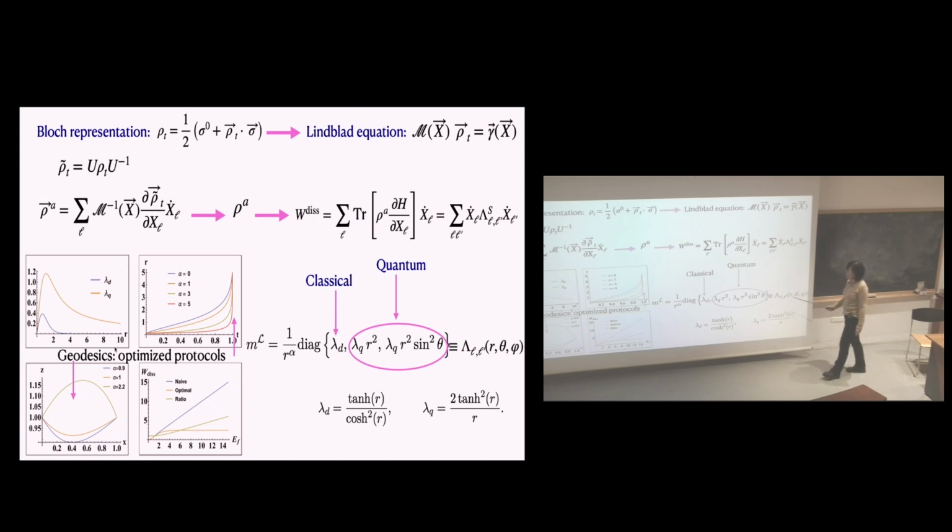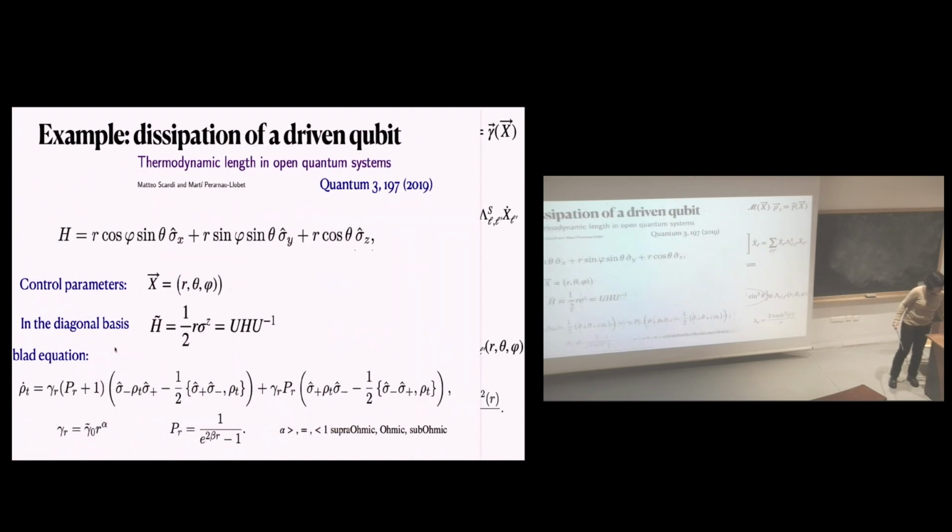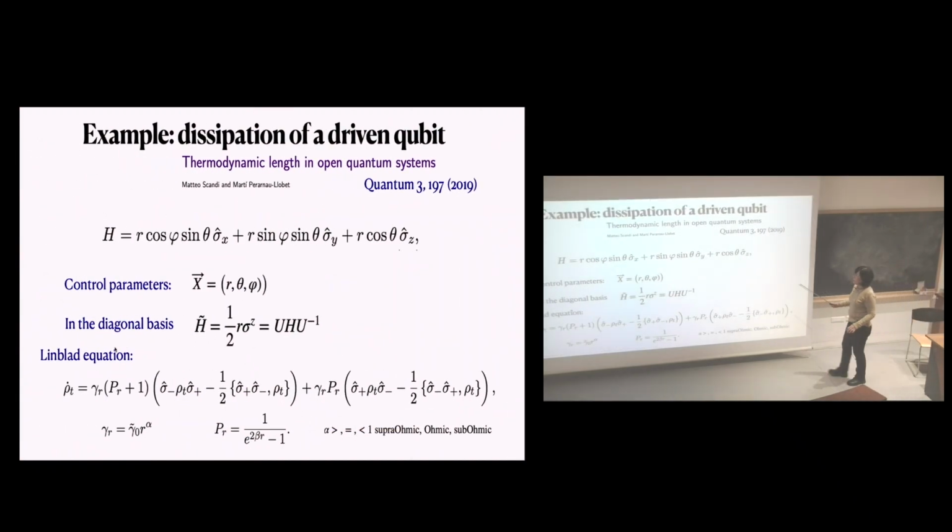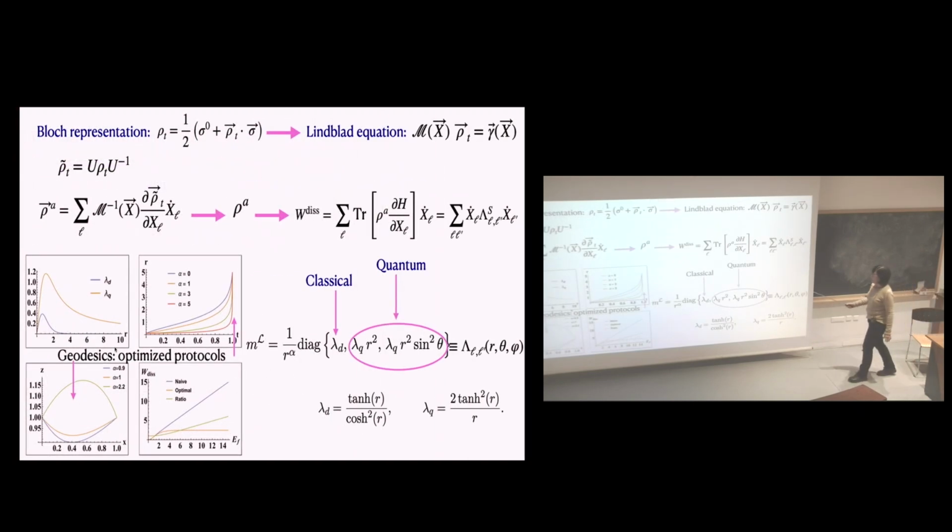We can identify one which is purely due to changes in the radius in the Bloch sphere, only changing the amplitude. So we can think about this problem as a spin in a magnetic field. If we change just the amplitude of the magnetic field, we just change this parameter R, and this is precisely the dissipation due to slow changes.